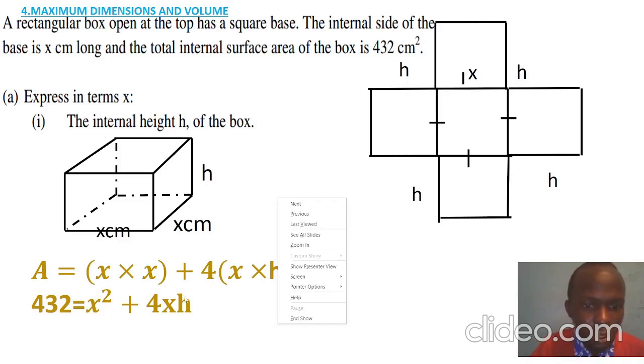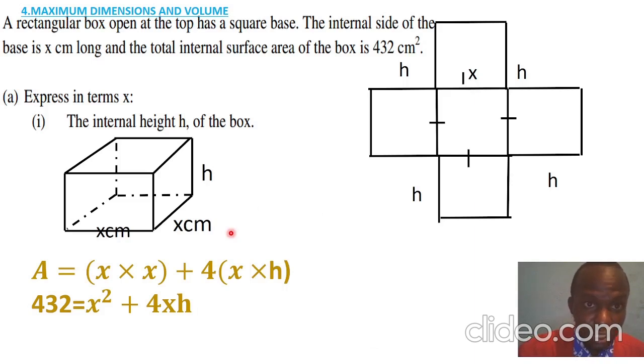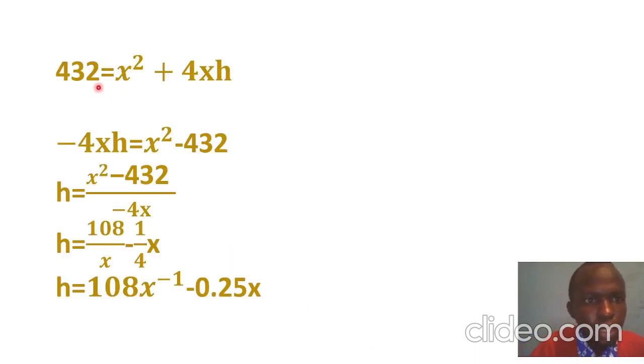So you're going to make this height the subject of the formula. Let us go to the next slide and look at how we do the manipulations. From doing the manipulations there, take this to the other side, and then you take further to the other side, you divide by minus 4x, you come up with this: h is equal to 108 over x minus a quarter x.